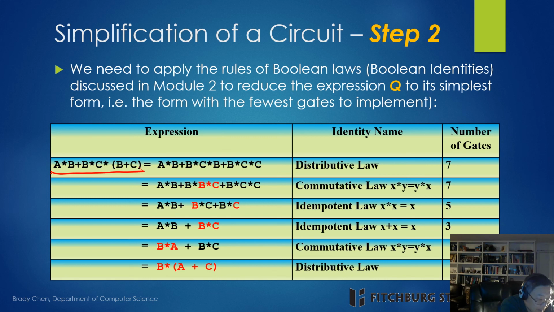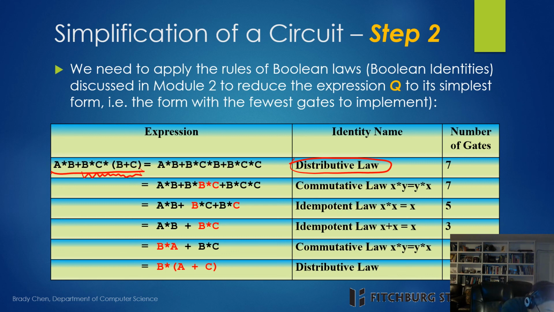Now the first step we can do is try to expand the second term, B times C times B plus C. We expand it using the distributive law discussed in the Boolean identities in Module 2.